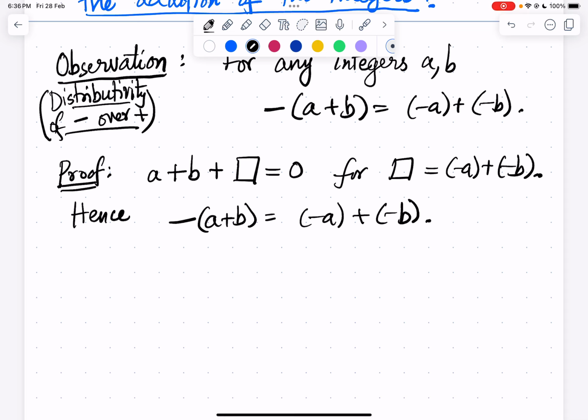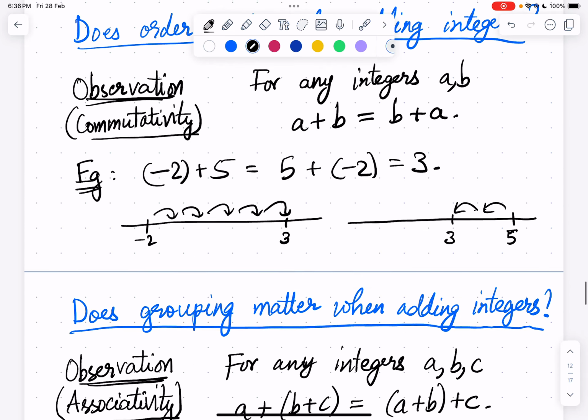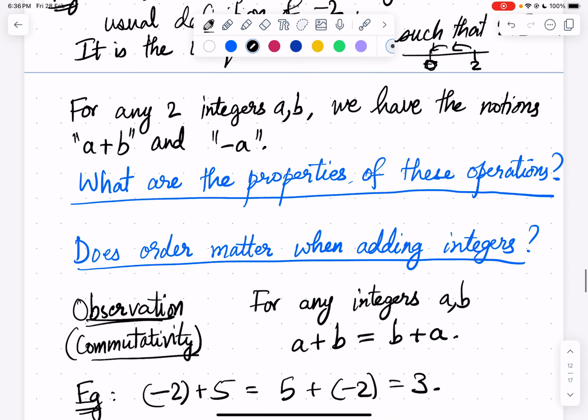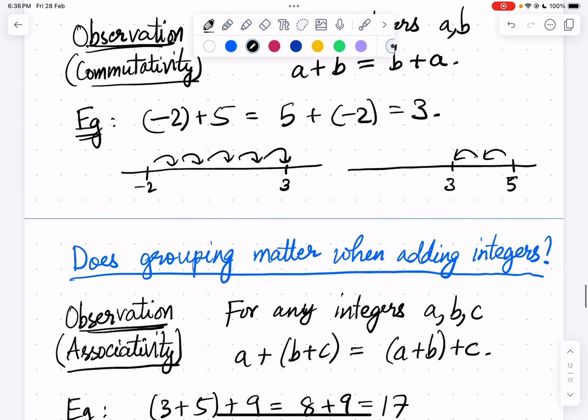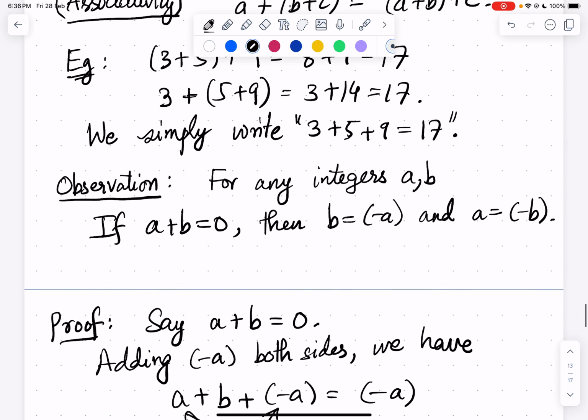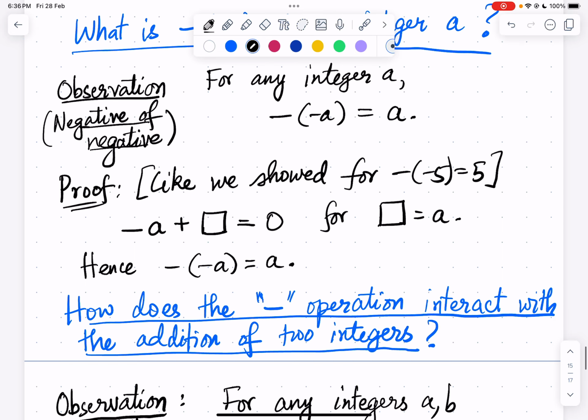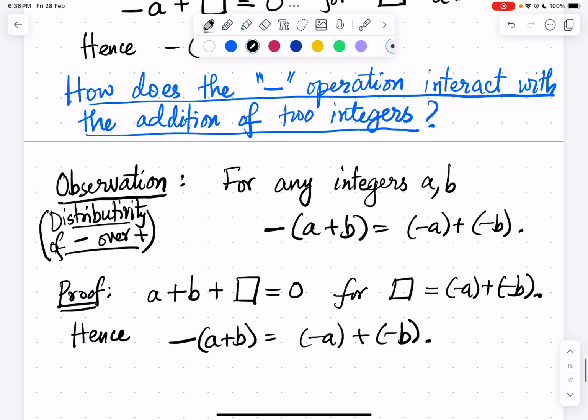So this is distributivity of the negation operation over addition. We asked what are the properties of these operations: commutativity, associativity, negative of negative, and distributivity of negation over addition.